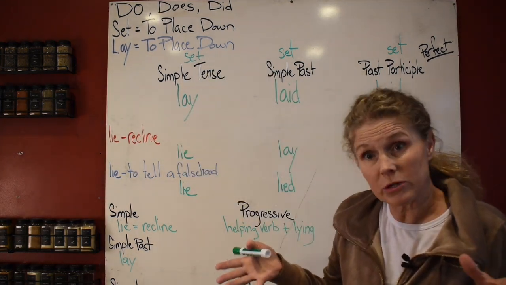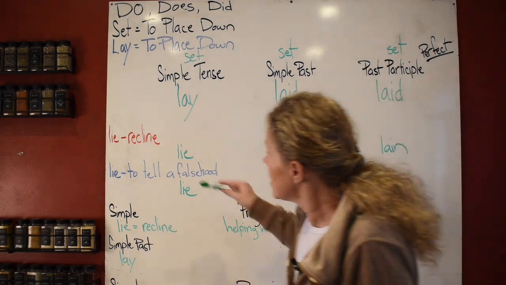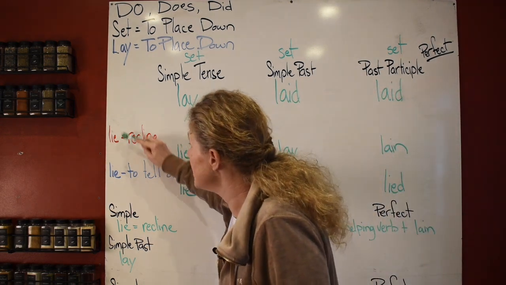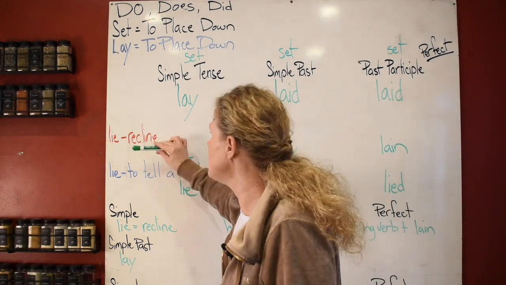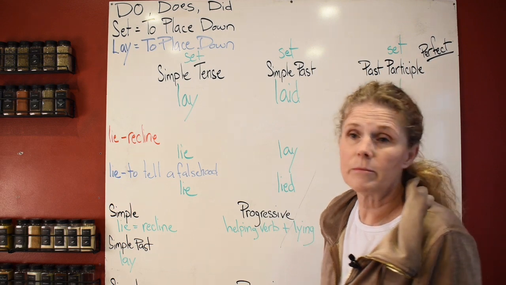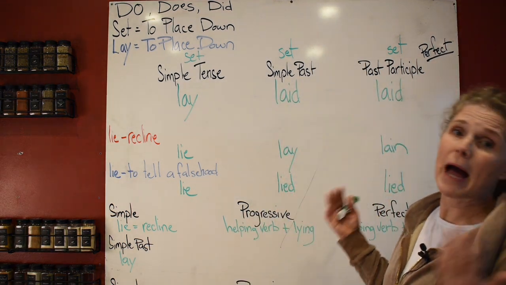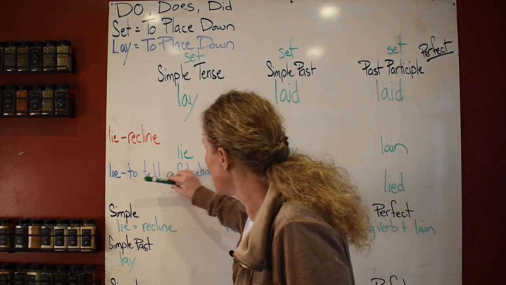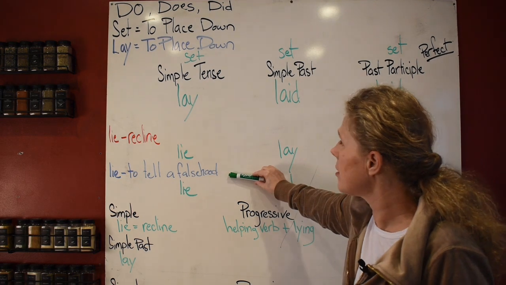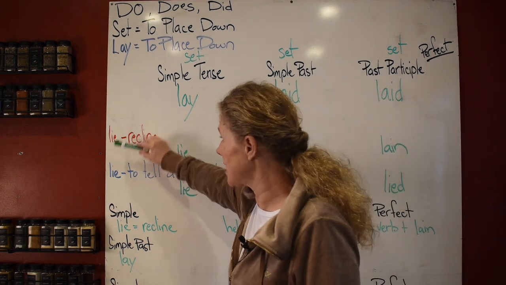Let's look at the part that could be really confusing. Look at lie. This lie, L-I-E, how do you spell lie? L-I-E. It means recline. That means you're laying back, you're horizontal. And this lie means to tell a falsehood. Oh, look, they're spelled the exact same way.